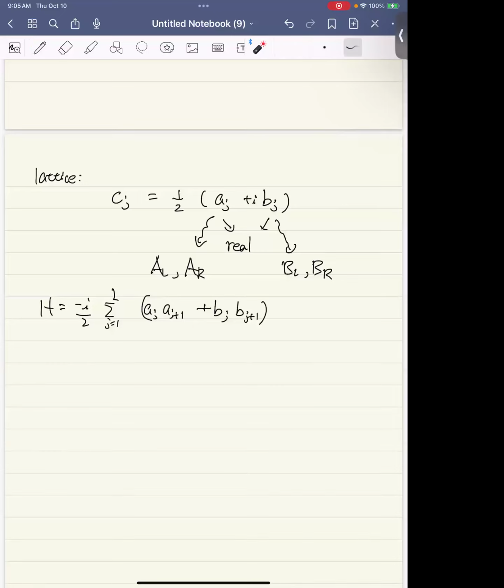So the model is decoupled. It's a sum of two decoupled Majorana fermions, A and B. And we want to find a symmetry that only flips the sign of the right mover. Is that clear at this point? Any question at this point?